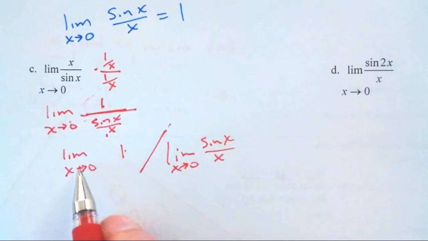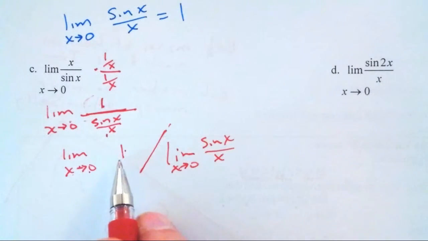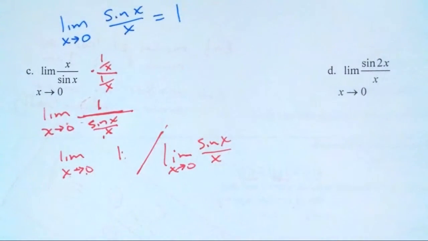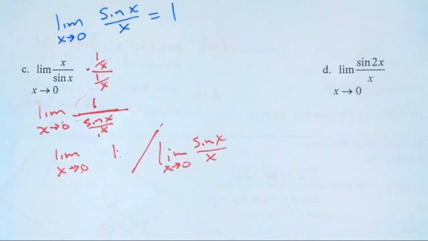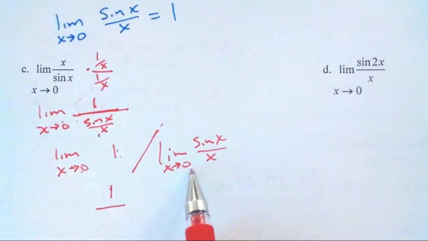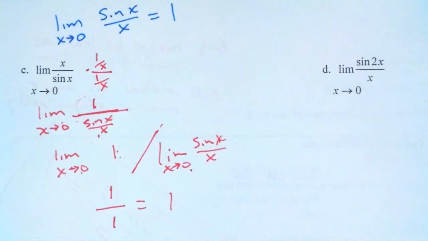Now here's a tough one. What's the limit as x approaches 0 of 1? What's the graph y equals 1 look like? What's the limit as I get to 0? 1. It's 1. So this is 1 divided by, what's the limit as x approaches 0 of sine of x on x? 1. That's our MVP.